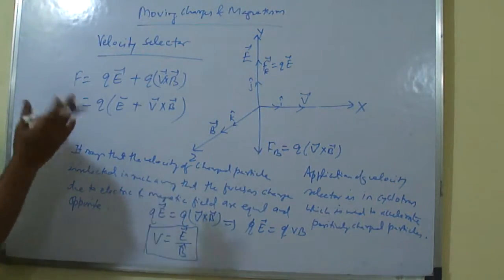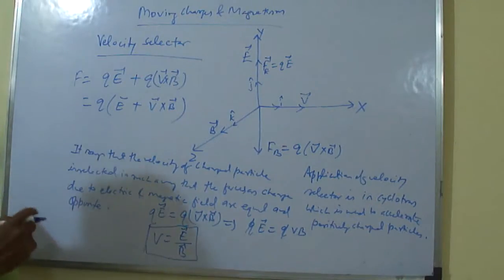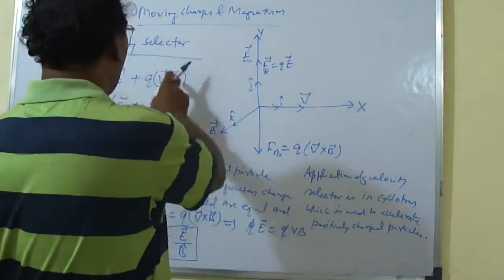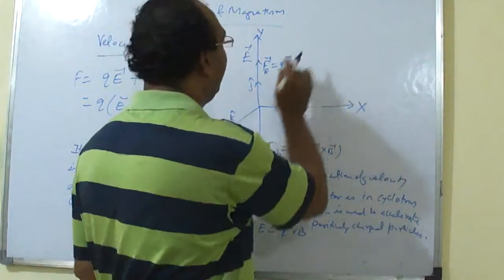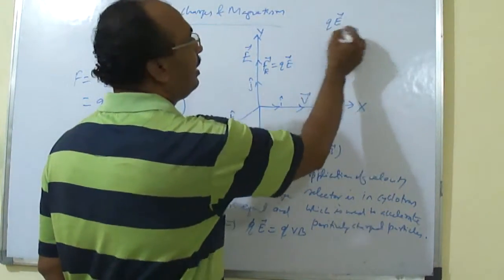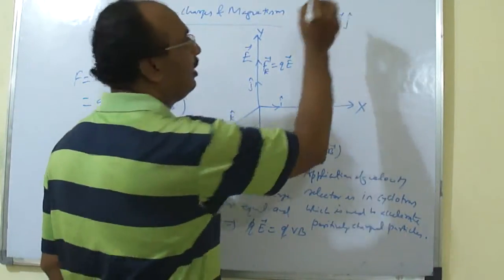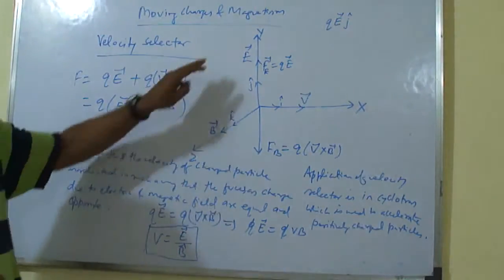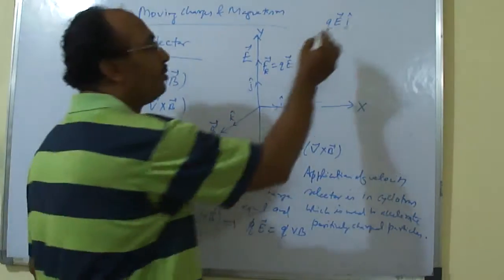So by utilizing the vector product also, we can do it here. F is equal to QE plus QV cross B. So QE vector, we can write with the j unit vector because it is in y direction.